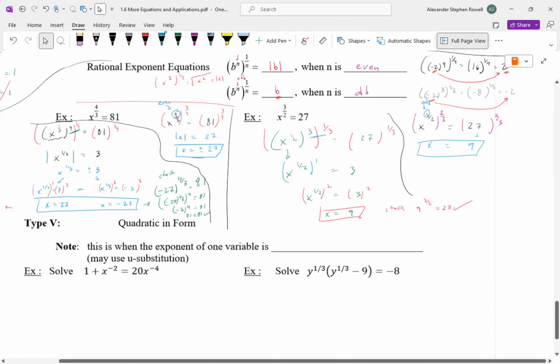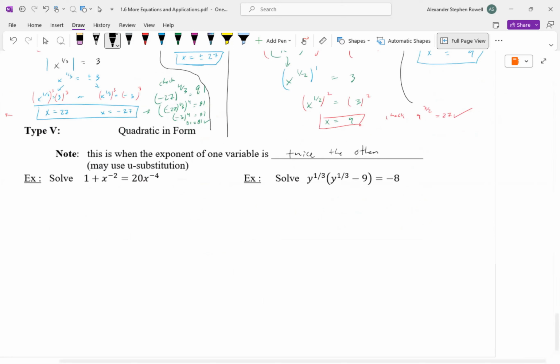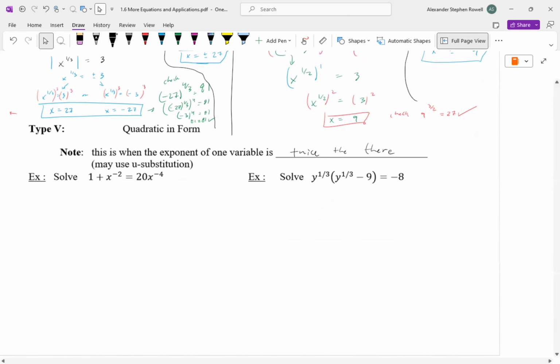Okay, the next type of problem is one that's called quadratic in form. This is when the exponent of one variable is twice the other. So while it's not technically a quadratic, we can treat it like a quadratic by doing a substitution.